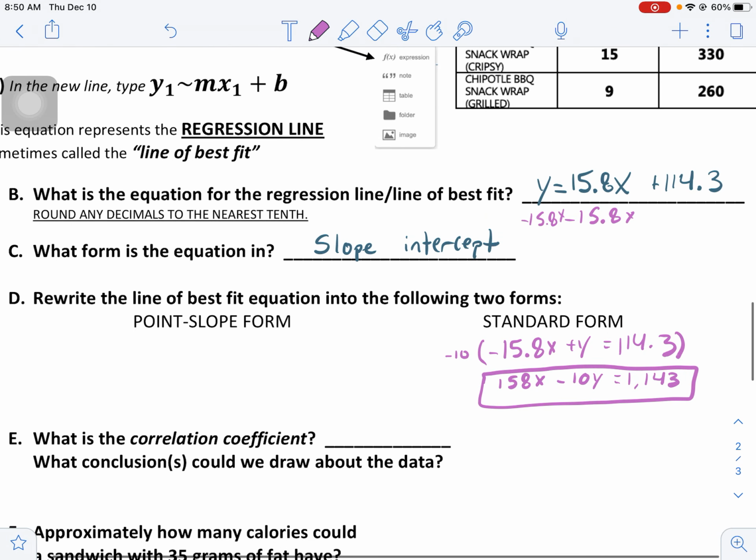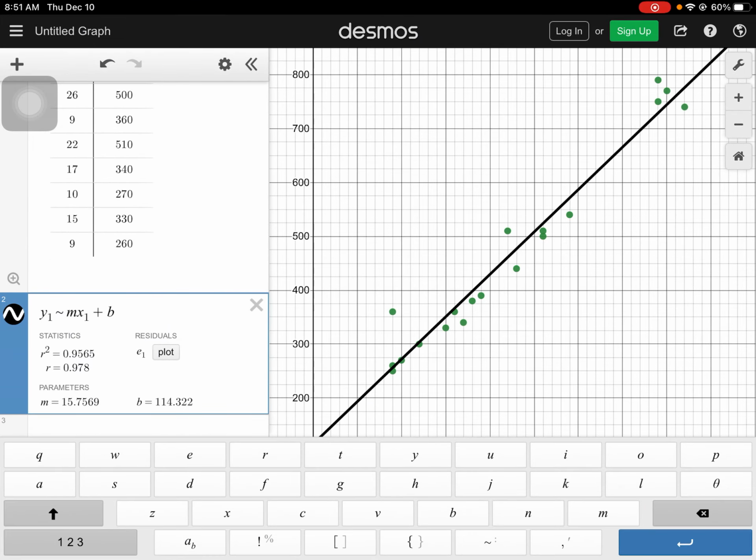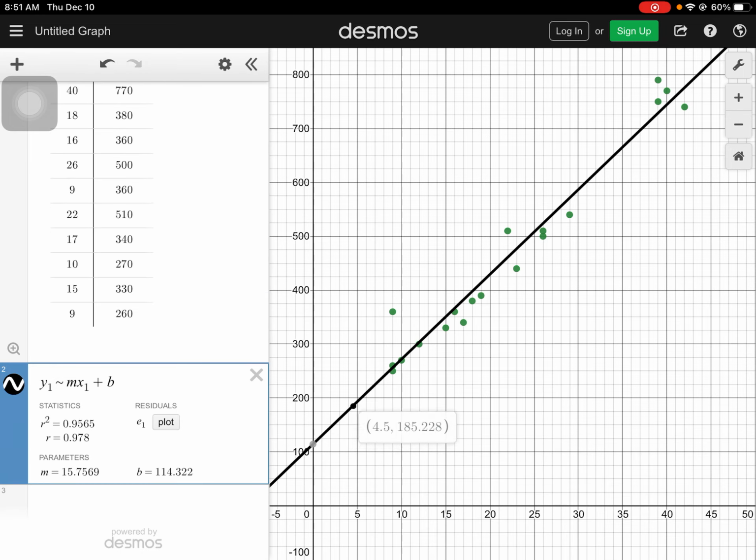If we want to write point slope form, we have a little bit more work to do, okay? So we need to go here, and really we just need to find a point. Well, to find a point on this line, you actually can just drag your cursor along the line here and look for a point that's nice, okay? It doesn't have to be beautiful, right?